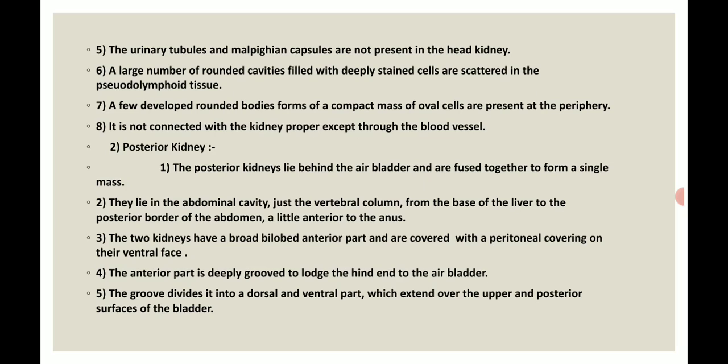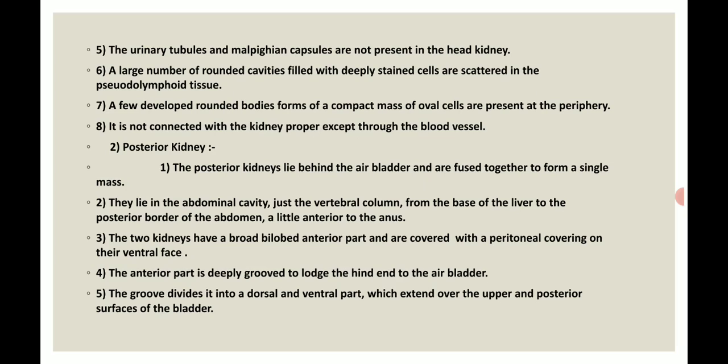The two kidneys have a broad bilobed anterior part and are covered with a peritoneal covering on their ventral face. The anterior part is deeply grooved to lodge the hind end of the air bladder.